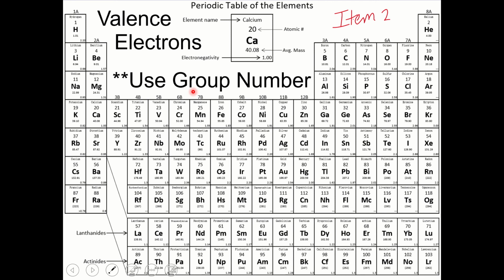So if we have a carbon as a central atom, it has valence electrons of 4. It needs 4 electrons to form an octet, and therefore it will make 4 bonds, gaining 4 electrons, because carbon will own half of each bond.